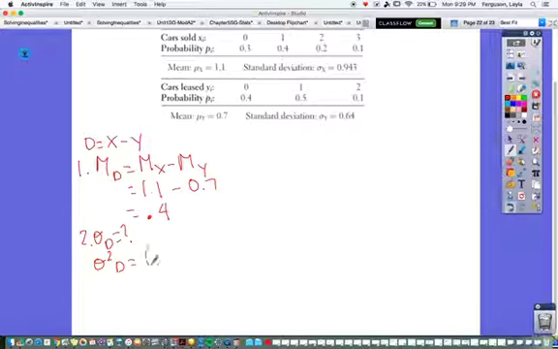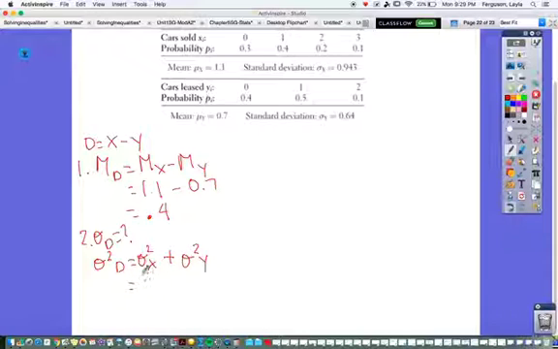So the variance for D you would get by taking the standard deviations for X and Y and squaring them. So the standard deviation for X squared plus the standard deviation for Y squared.